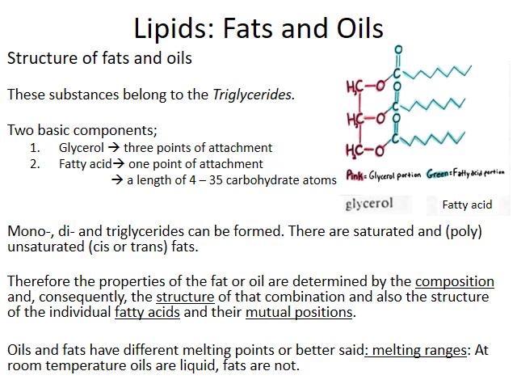In the picture now, you see how the fatty acid has reacted with the glycerol. And you see that in the fat or oil, there are still oxygen atoms present, 6 in fact.